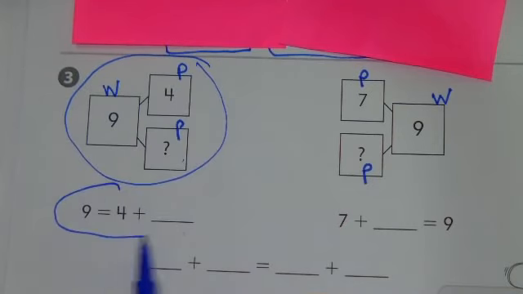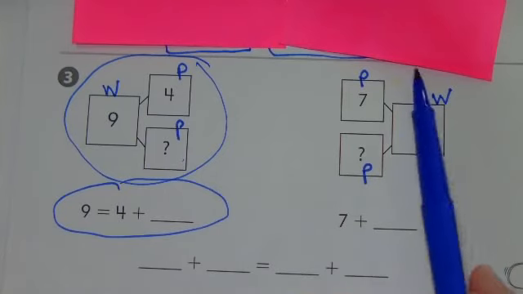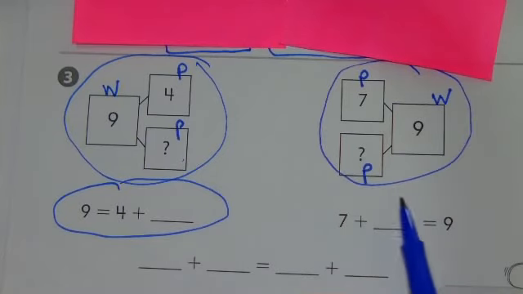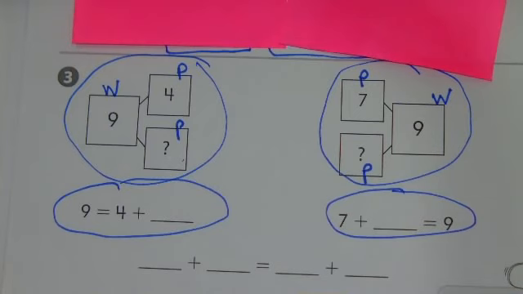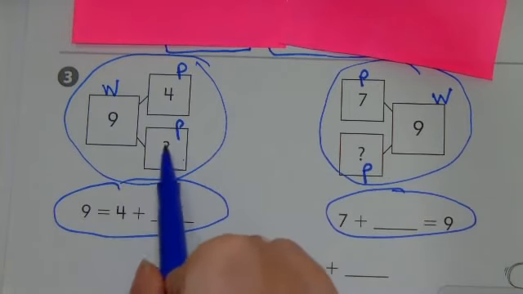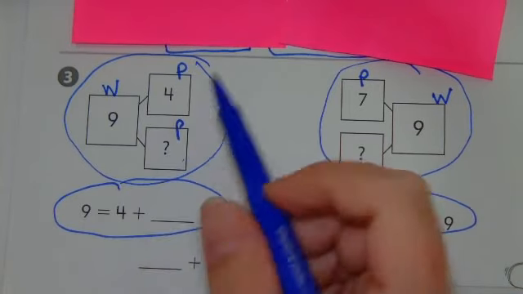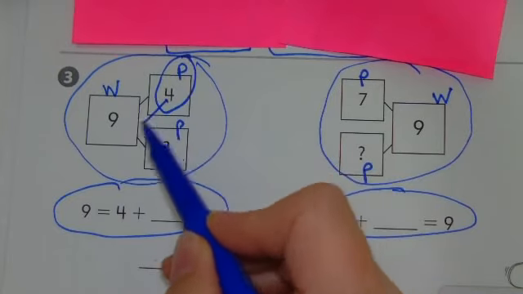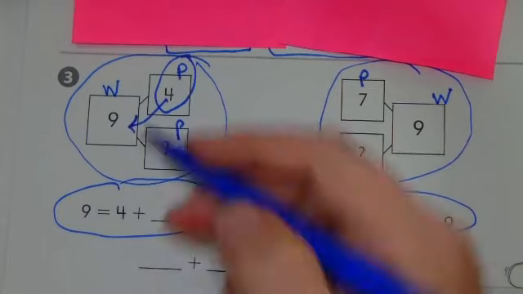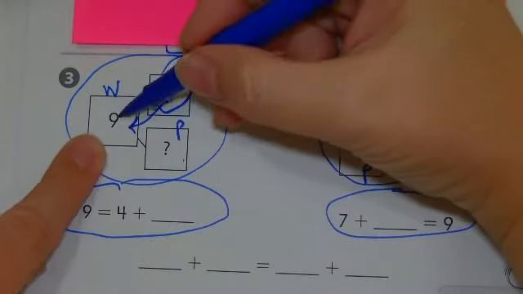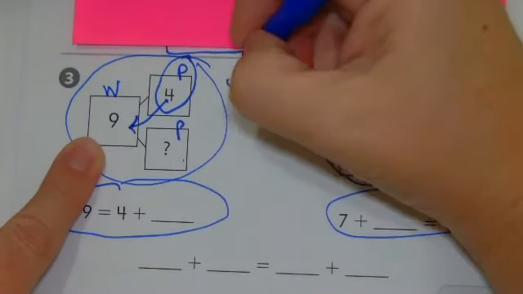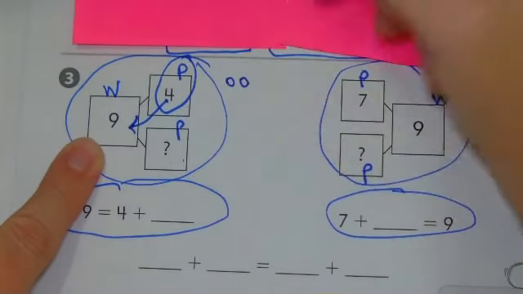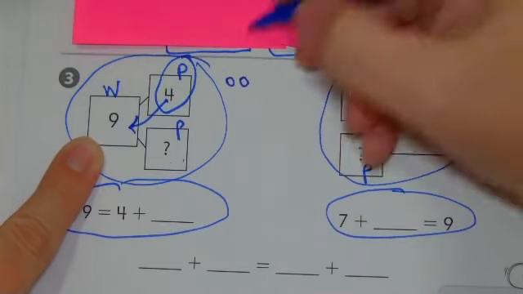We know that this number bond goes with this equation. We know that this number bond here is going to go with this equation. Okay? To figure out the mystery number here, we know we can count on from the part we know up to the whole, right? Or we could draw the whole, which is 9.